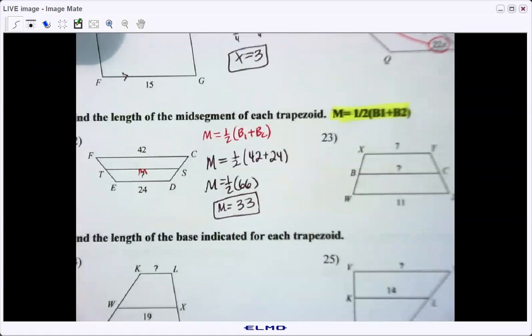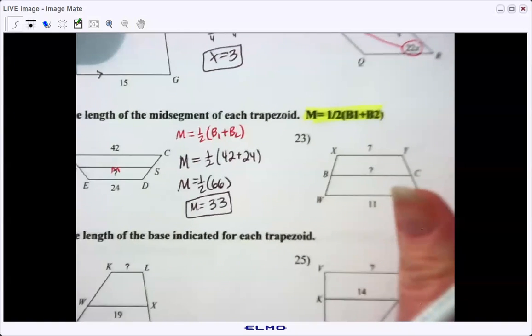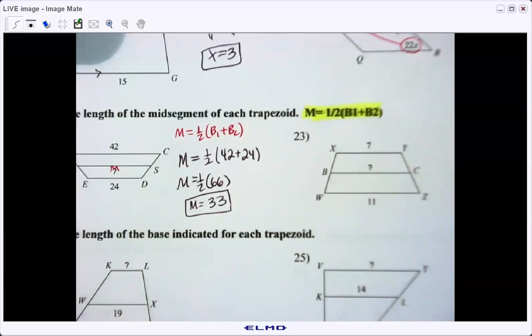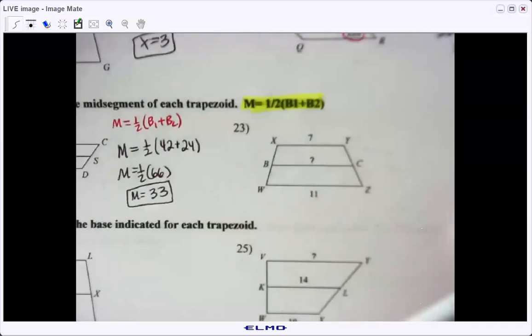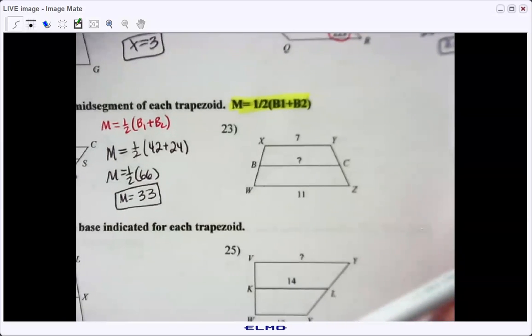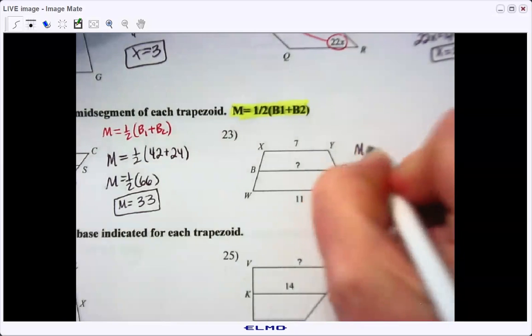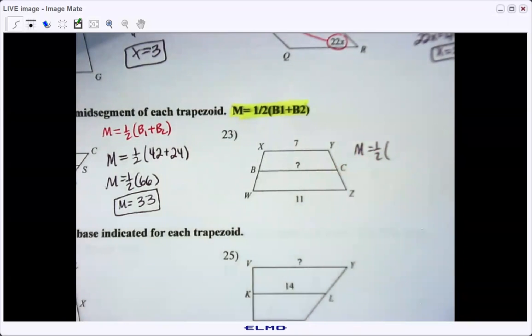Okay. So go ahead and solve 23. I know many of you can look at that and tell me what the number would be, but I really do need you to be able to put it into the formula. So M is equal to 1/2 of, work it out.